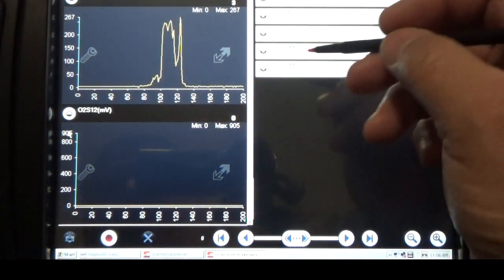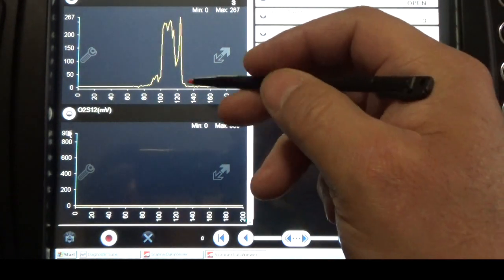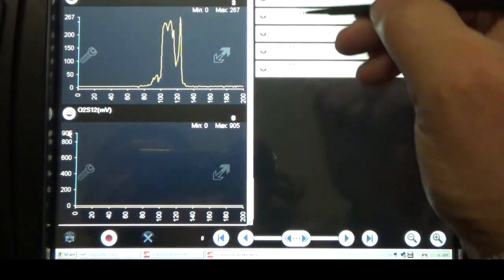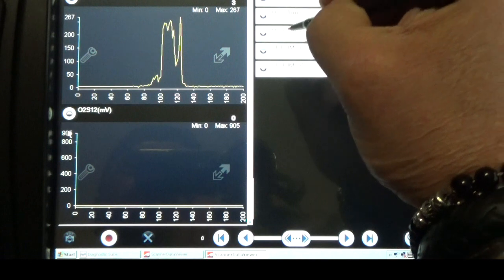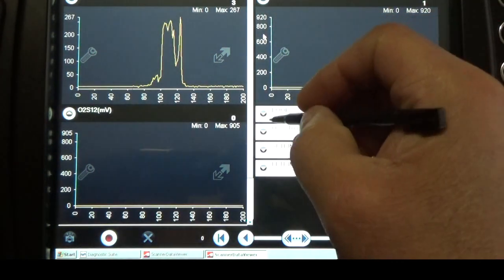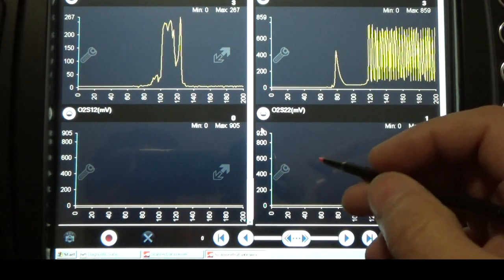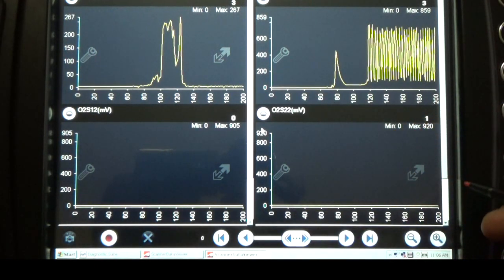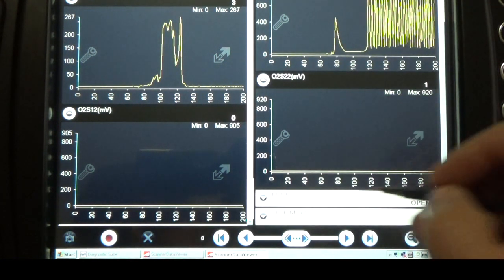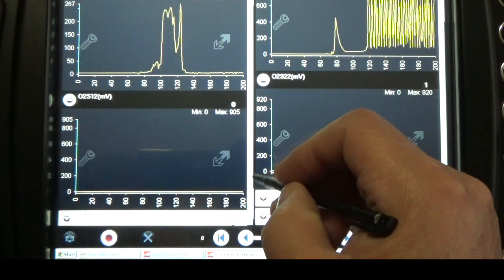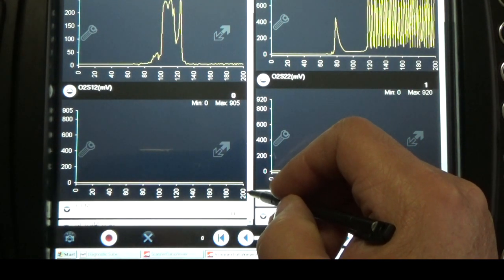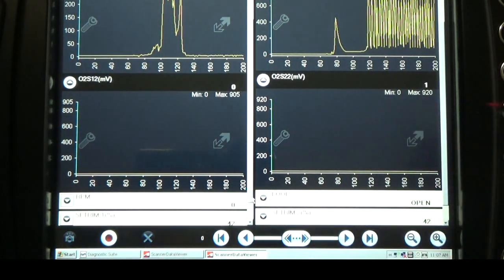So this is my first bank, and this is my second bank, which is this one here. Okay, and now let me fix this over here so we have this correct.